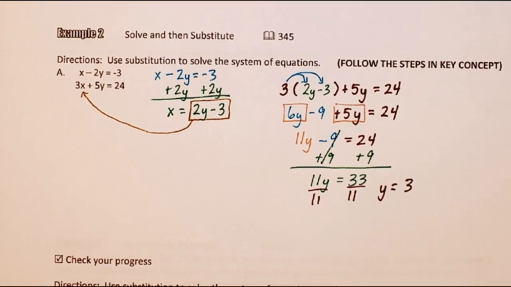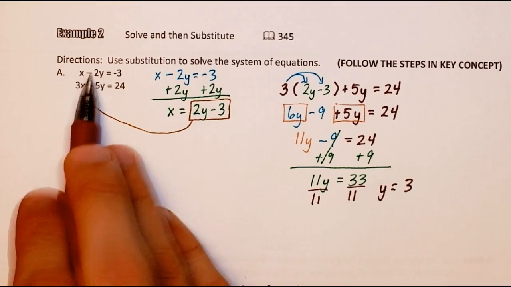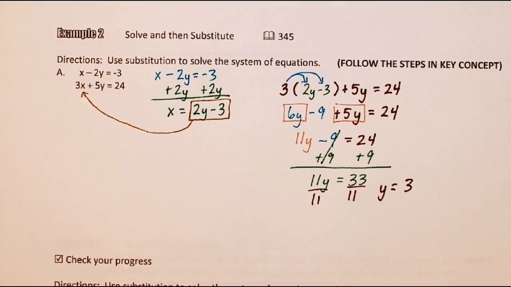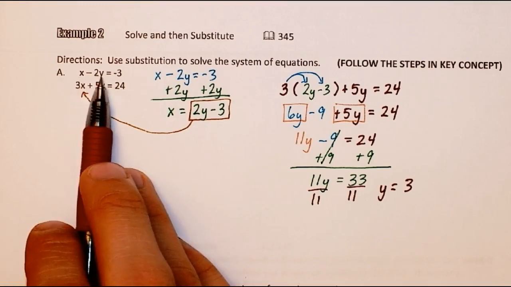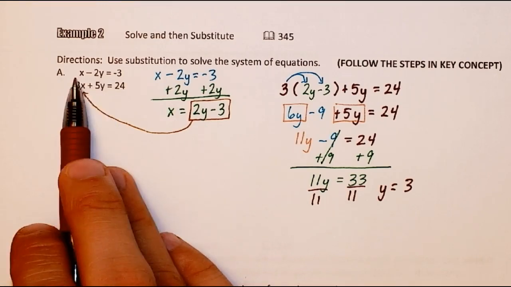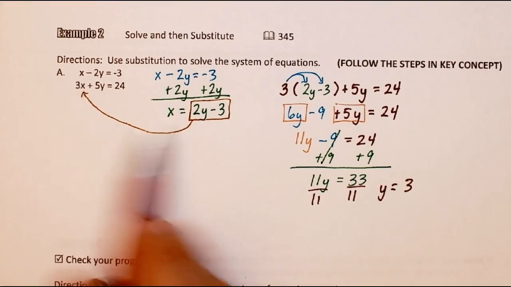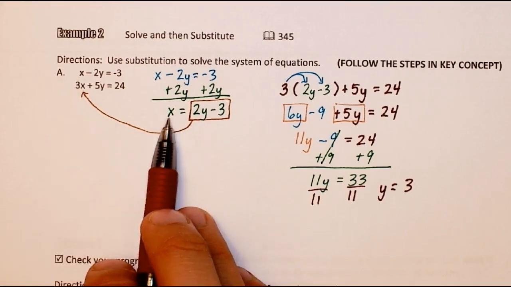From here, what you want to do is take y, which is 3, and substitute it back into one of the two original equations. Now, you can go ahead and substitute in 3 to the first one and then solve for x. However, you already did the work here to isolate x.